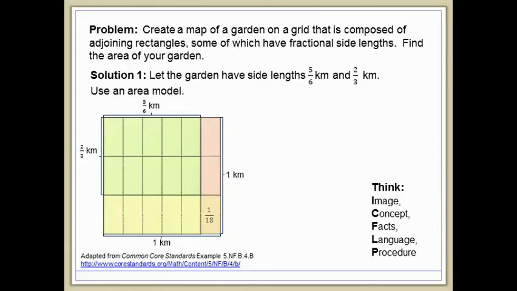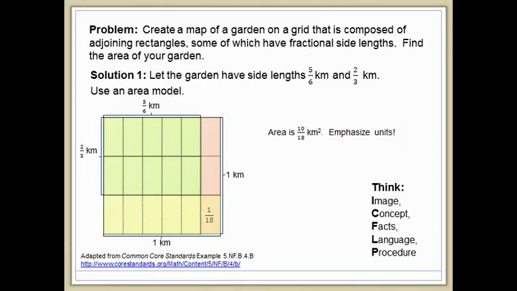So now the problem is reduced to simply counting these ones that represent the garden, and you can count them. There are 2, 4, 6, 8, 10. So there are 10/18ths of that square kilometer that represent the garden, and we have it that our area is 10/18ths square kilometers.